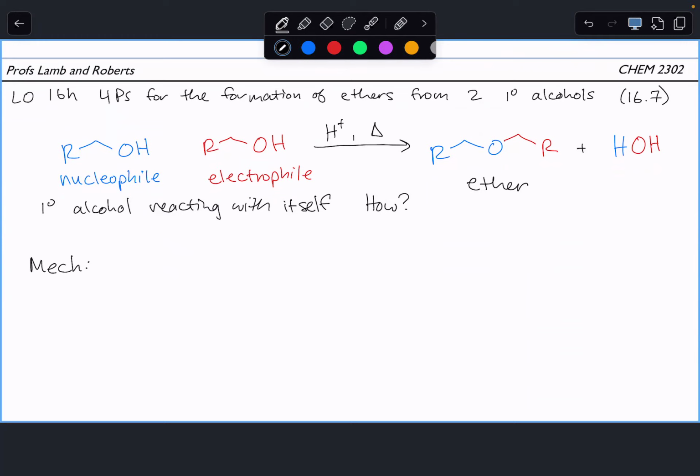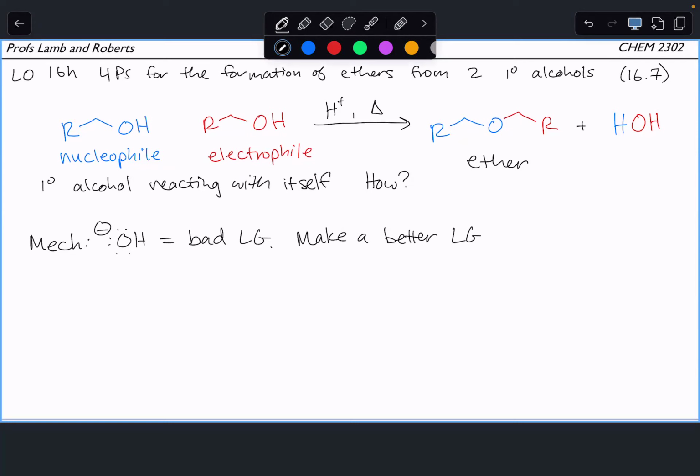So the first thing that we need to recognize is that OH minus is a bad leaving group. It can occasionally happen, but usually not. It's a bad leaving group. So we want to make a better leaving group. So under acidic conditions, just like in E1 that we just reviewed, you can protonate an alcohol to make it a better leaving group.